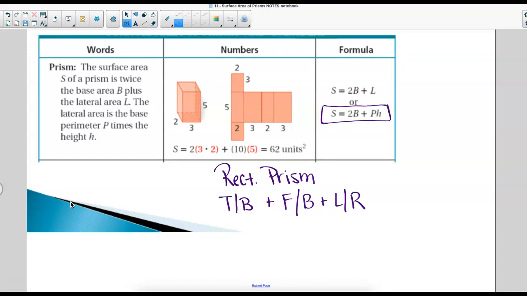So it's a bunch of rectangles. A prism is just really a bunch of rectangles where we have the top and the bottom, the front and the back, the left and the right, and we need to add them all up.